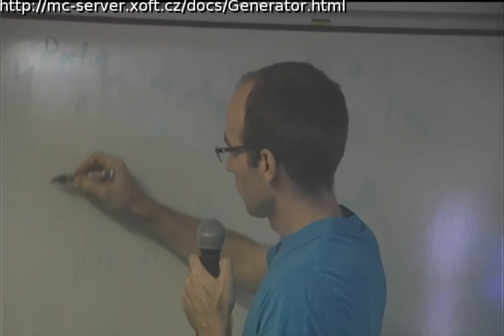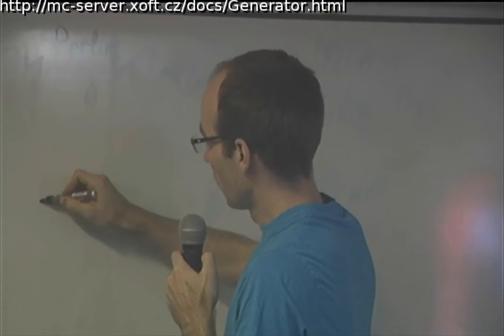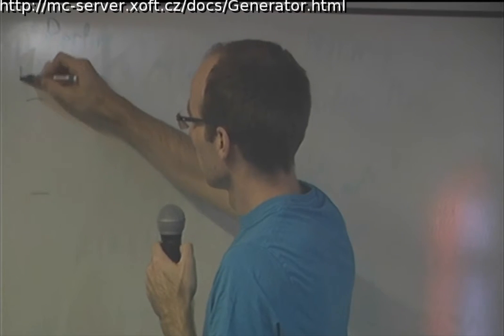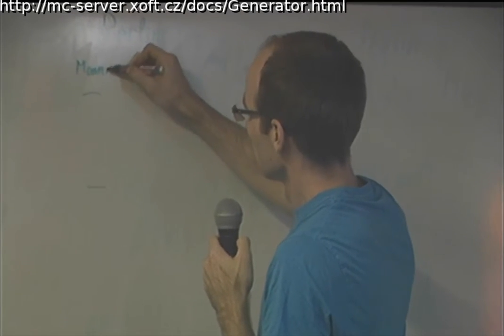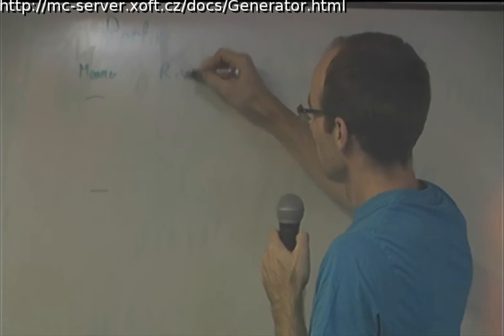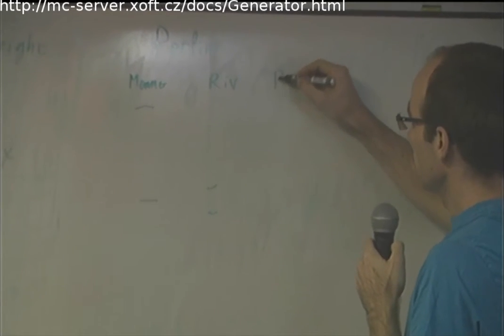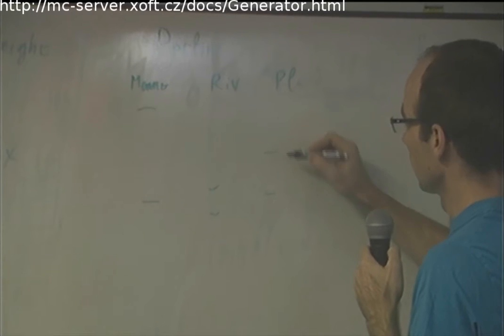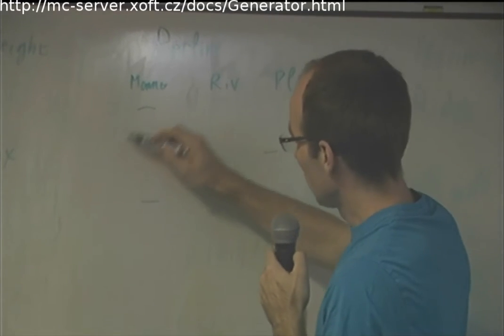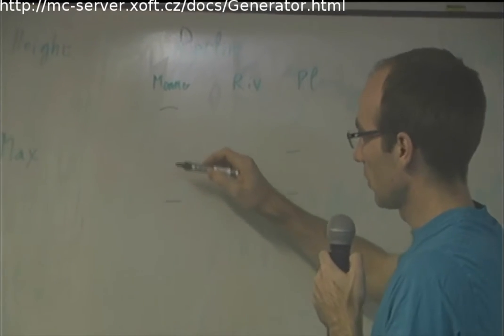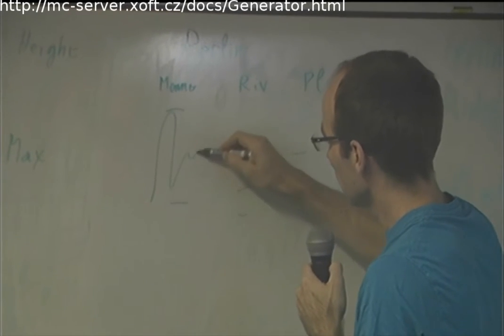So it says for mountains, go from here to here. For rivers, go from here to here. For plains, go from here to here. And the noise generated, the Perlin noise is generated so that it matches these ranges.